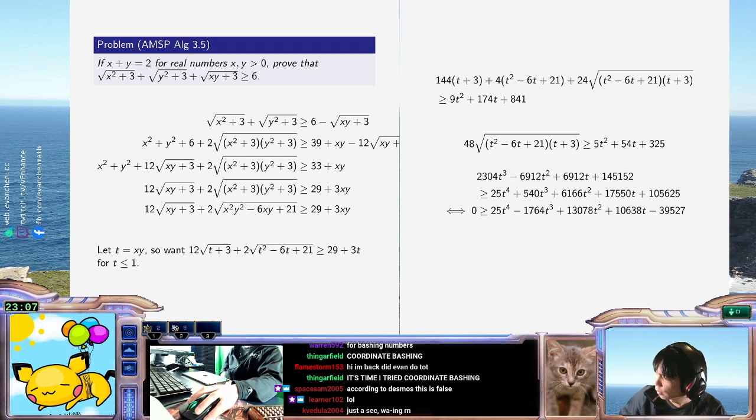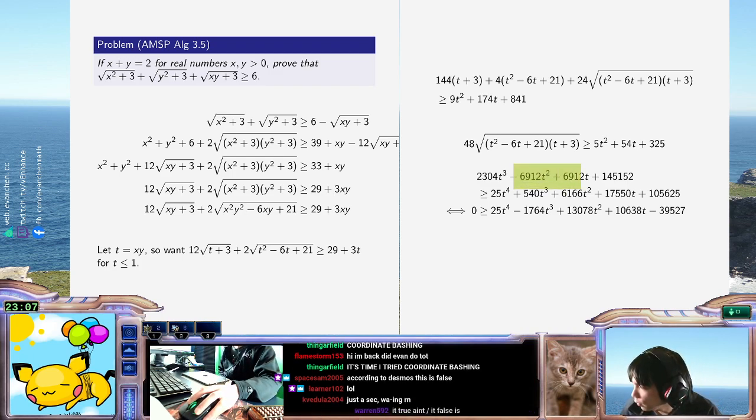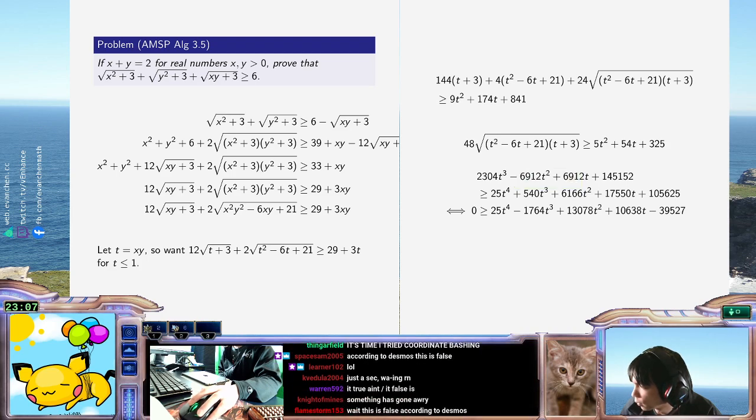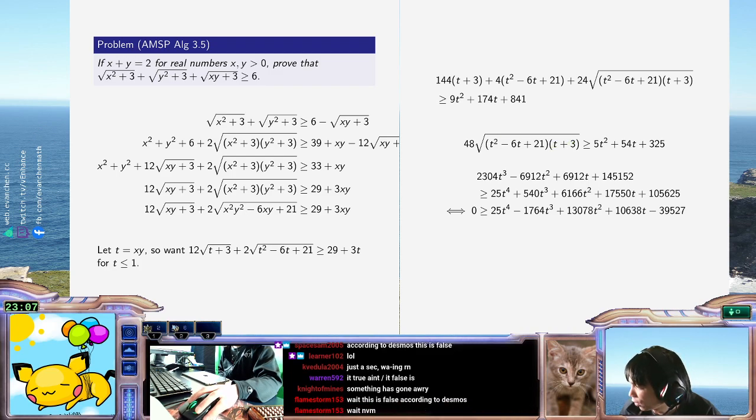Like, why isn't this simplifying to what I need? 16 times 4 is 64, 8, 8. Yeah, no, this is... what? Why are they so far off?